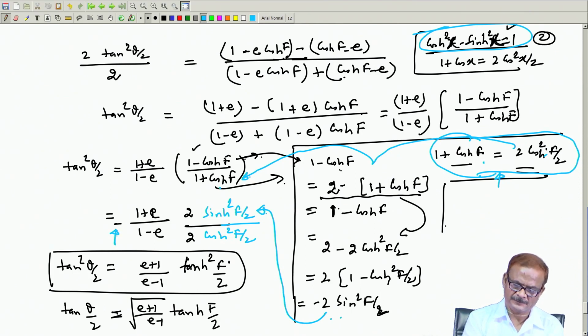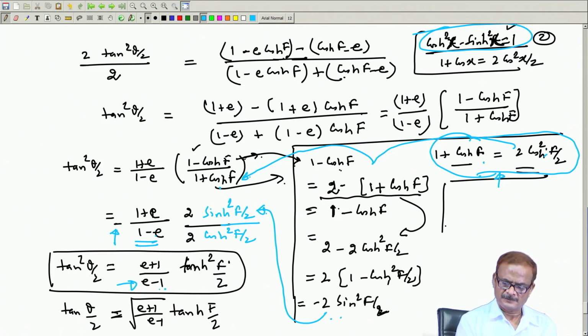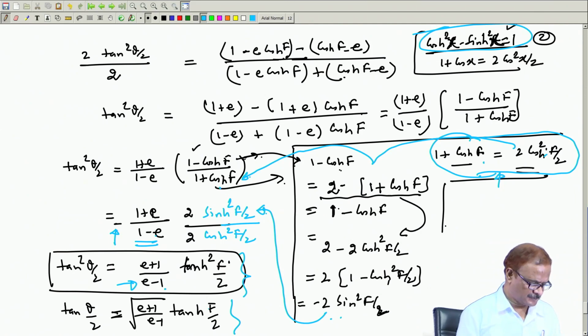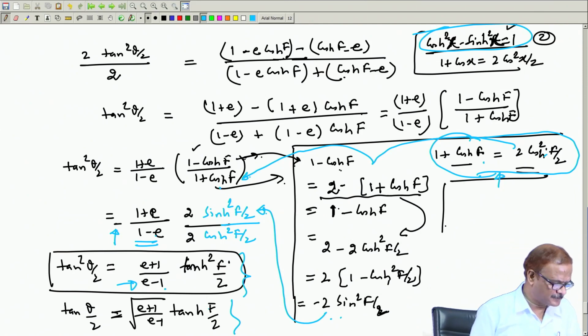So, the minus sign we have absorbed here, and thereafter we reverse the sign of this. So, 1 minus e becomes e minus 1, and finally, we get this equation. So, this is what we were looking for. So, this is proved in the case of hyperbola, this result we were looking for.